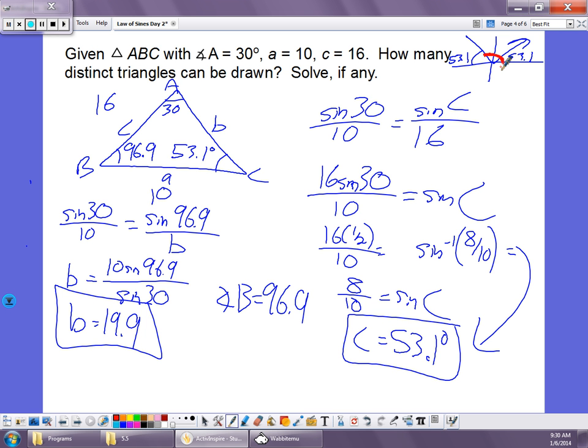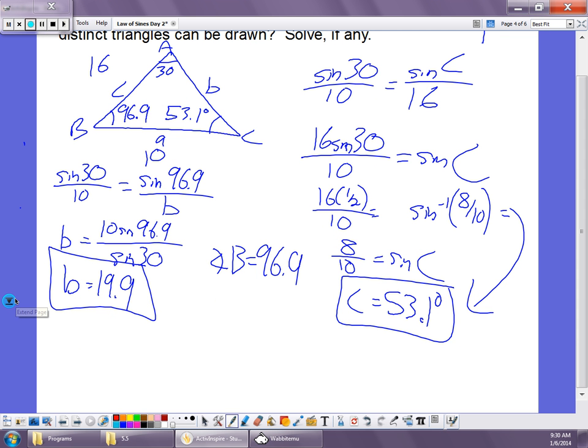So anytime you have this angle side side, you have to look at this. All right, so the way you find that second angle is take the angle that you solved for, 53.1, and you just do 180 minus 53.1, and that gives you 126.9.